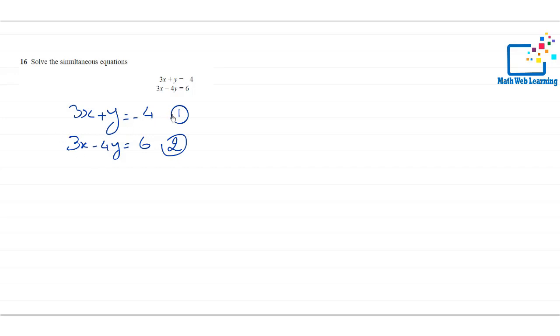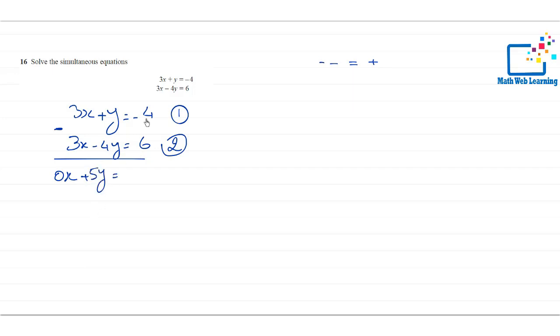We're going to do 1 minus 2. Now 3x minus 3x will give you, of course, 0x. Then y minus minus 4y. When you have a minus followed by a minus, it changes to a plus. Remember that? So you do y plus 4y, which is 5y.